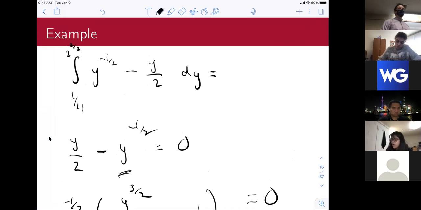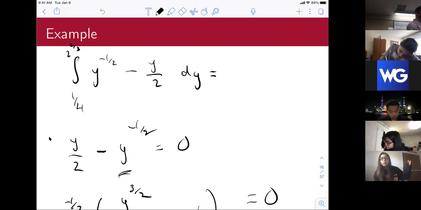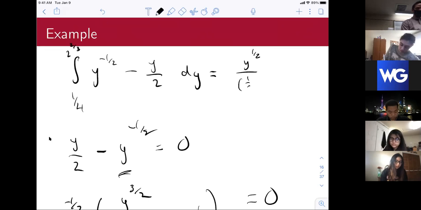So y to the minus 1/2, what's the integral of y to the minus 1/2? Perfect. I add 1 to the exponent, so minus 1/2 plus 1 gives me positive 1/2, and then I need to divide by the new exponent.